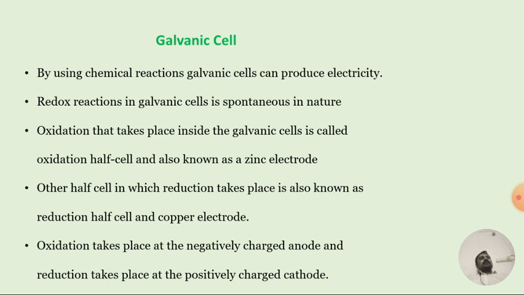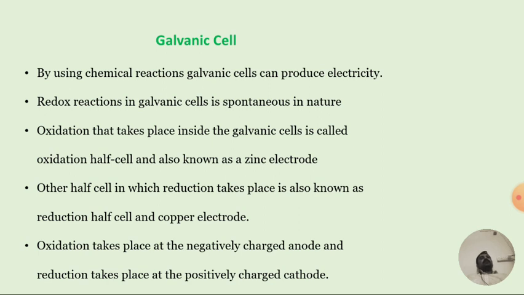And there is another half cell. If one cell is getting oxidized, the other part should be the reduction part, where reduction happens. That place is known as the reduction half cell, for example the copper electrode.